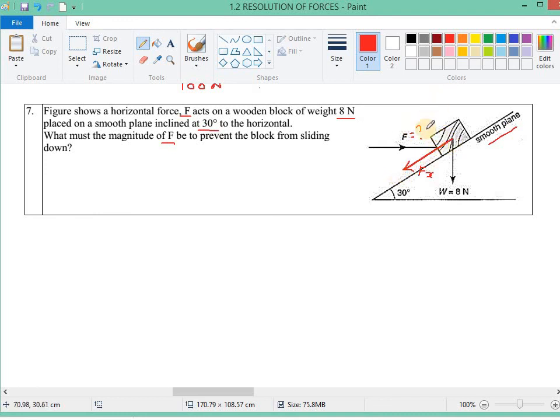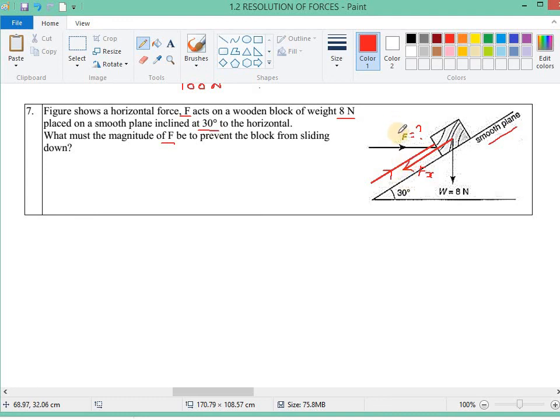So you need another force to stop this Fx, to counter this Fx. So the force that counters the Fx must be in the opposite direction of Fx.